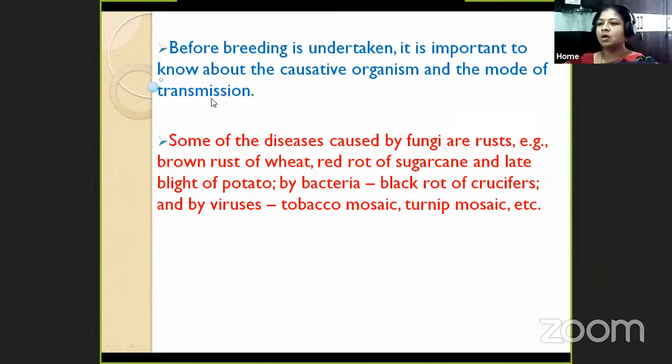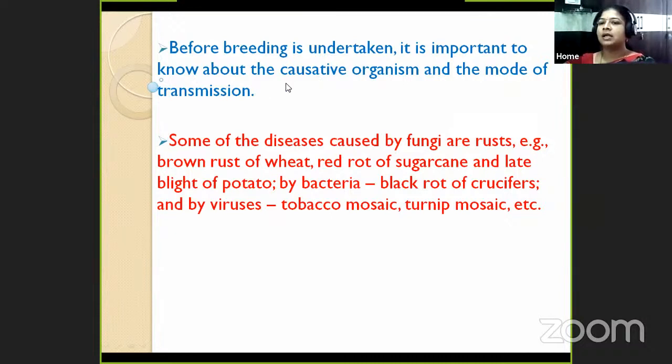Transmission means how that pathogen is transmitted. The mode of transmission is either through air, water, insects, or agricultural tools, that is, how it is spread on the crop. The breeder has to know about these two things.